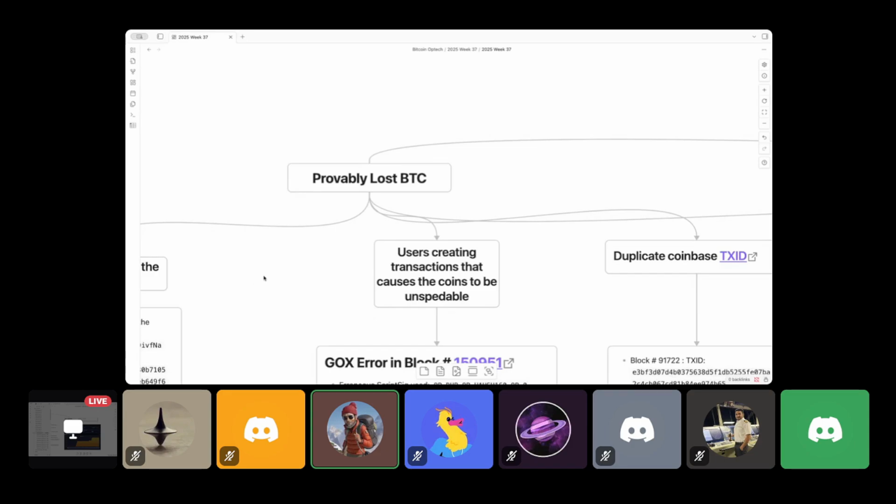There are informal forums that have tried to collect this information, but you can never be sure. So first we'll look at only the provably lost BTCs, and we'll look at it from a technical perspective as to why we call it provably lost and how they can never be spent or recovered.